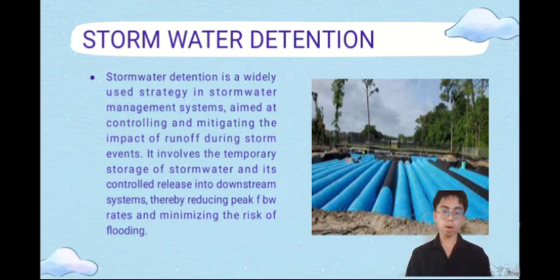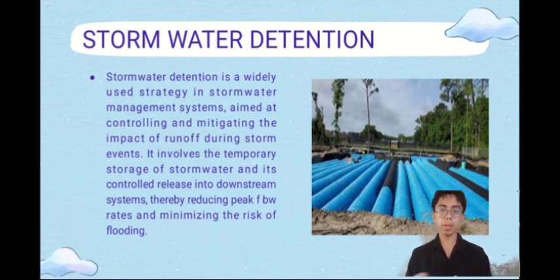Now, let's move on to the primary purpose of these stormwater detention systems. The primary purpose of a stormwater detention system is to reduce the strain on urban drainage infrastructure during heavy rainfall.